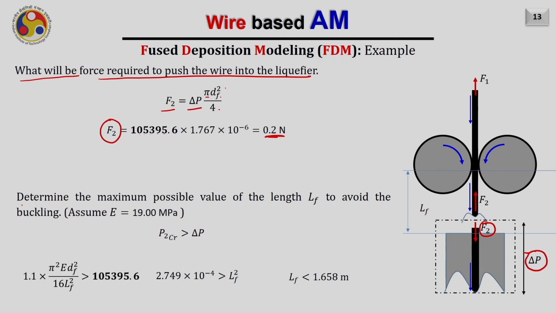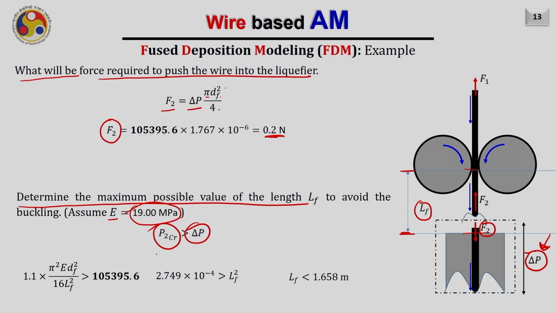Now again it is asking to determine the maximum possible value of the length LF, this length LF, to avoid the buckling in this zone. It is given that assume E equals 19 megapascal only. So we know that to avoid the buckling, the pressure required to push the wire into the liquefier, delta P, should be less than the critical pressure which is possible to apply on this wire.